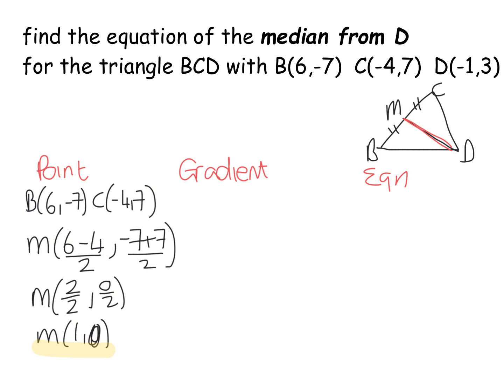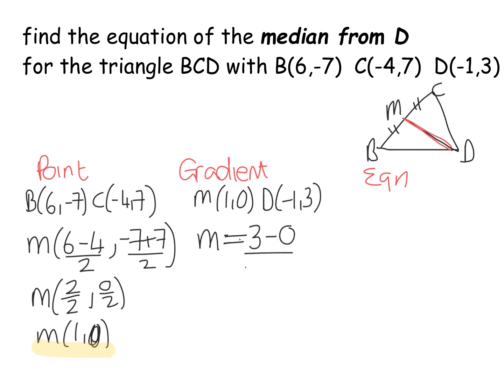Then we're going to do our gradient. So the gradient we're looking for is the gradient of M to D. So M is 1, 0. D is -1, 3. So our gradient is, where am I getting the negative from? It's just 3 take away 0 and -1 take away 1.